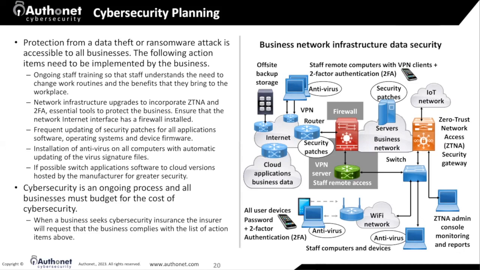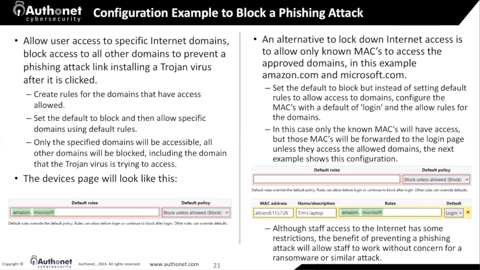If possible, we would like to move applications to cloud applications, and clouds are much more secure. So cybersecurity is an ongoing process, not a one-time upgrade. And so we have to continue upgrading our network.